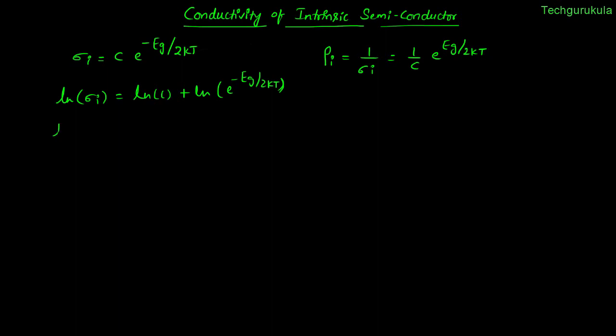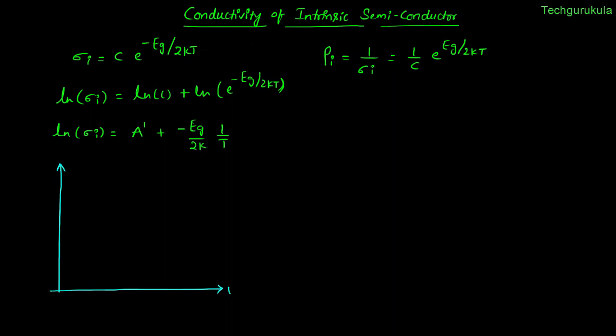Now we can represent this as ln of sigma i is equal to ln of C, which is a constant, so let me represent this as A prime, some constant, plus minus Eg over 2k times 1 over T. Now let us try to plot this function with respect to 1 over T, where I am taking 1 over T on the x-axis and ln of sigma i on the y-axis.